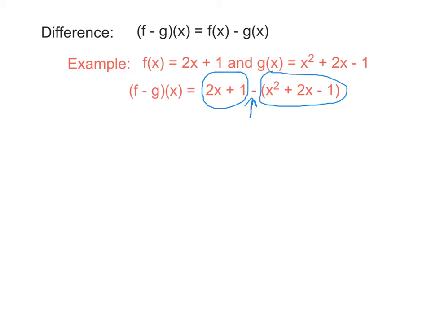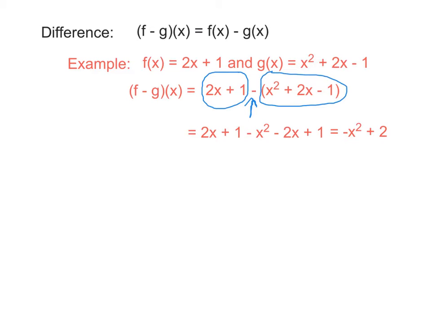That means every sign inside the parentheses has to change. So now I have 2x plus 1 minus x squared minus 2x plus 1. When we combine the like terms, we end up with a final answer of minus x squared plus 2.